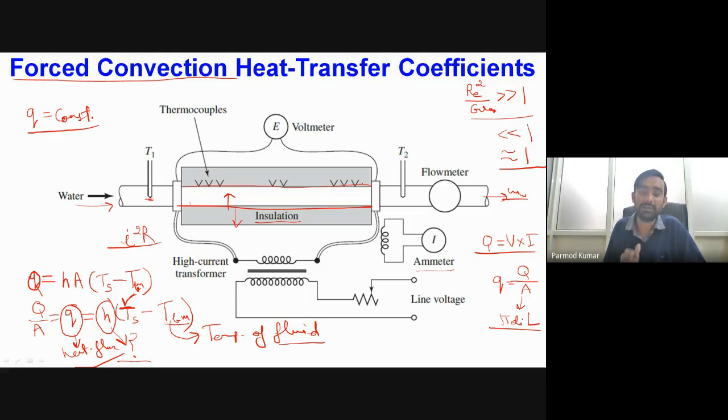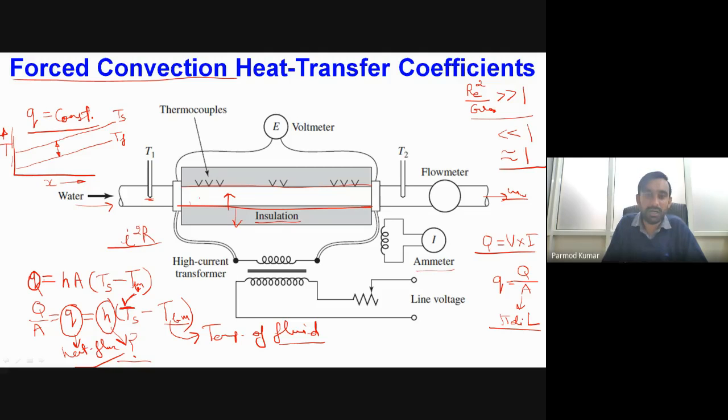I am taking this information from our fundamental heat transfer course, because we know that in the situation of constant heat flux in a fully developed flow, the temperature of the pipe surface as well as the temperature of the fluid medium increases in a linear fashion along the length of the pipe if we plot a temperature versus length curve, and we will have this temperature difference as constant at each and every location.